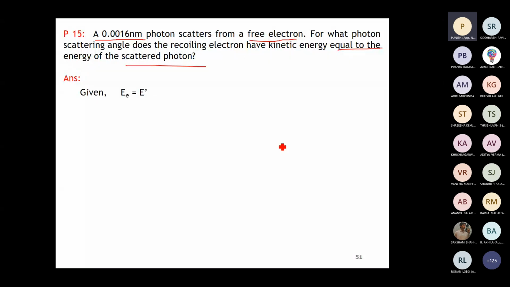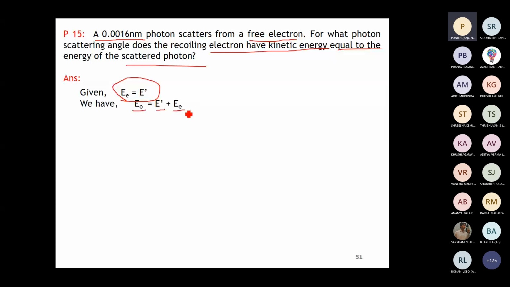So what is given here is that the kinetic energy, that is the energy of the recoiling electron, is equal to the energy of the scattered photon, that is E is equal to E dash. Now, incident energy is equal to scattered photon energy plus the energy of the electron.